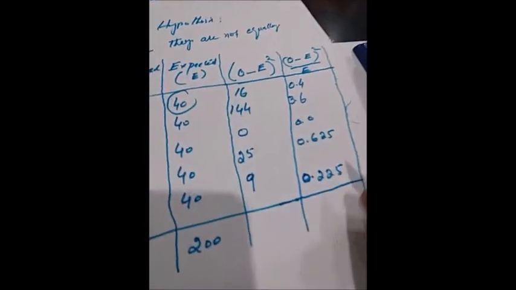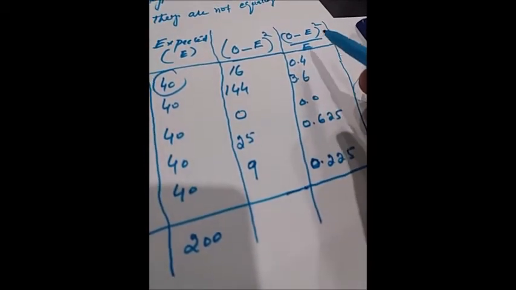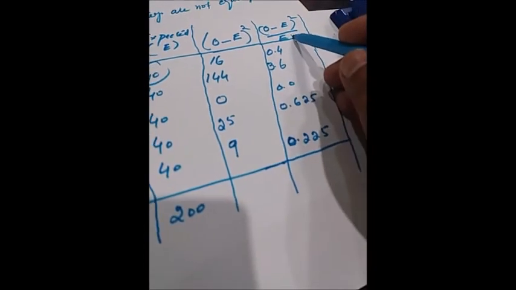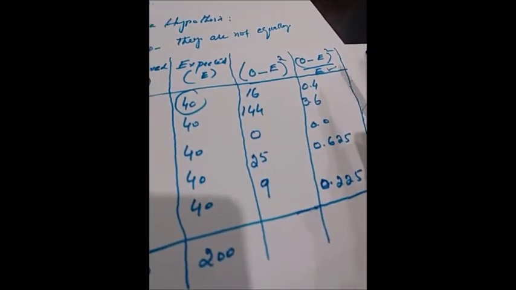So these are the values obtained from O minus E whole square divided by E, the expected values.